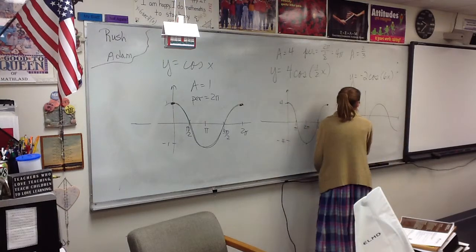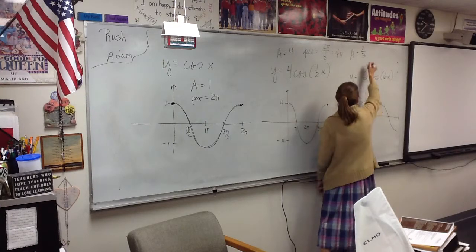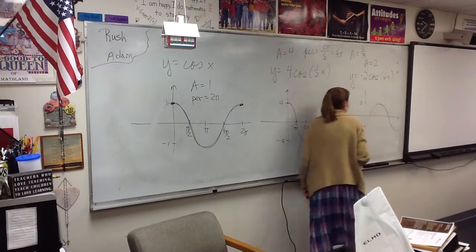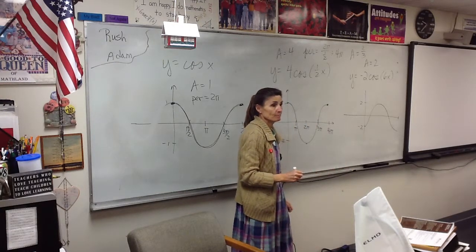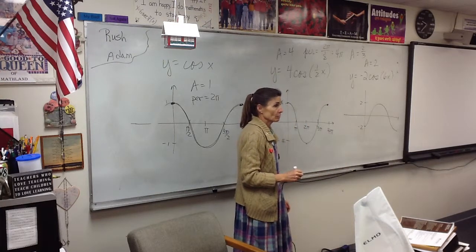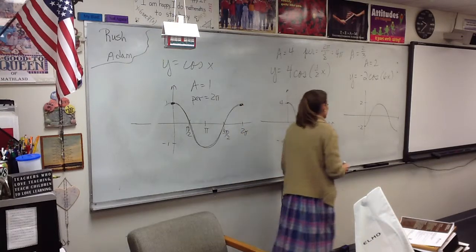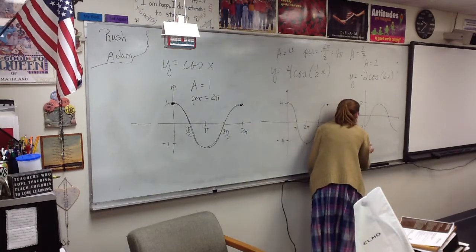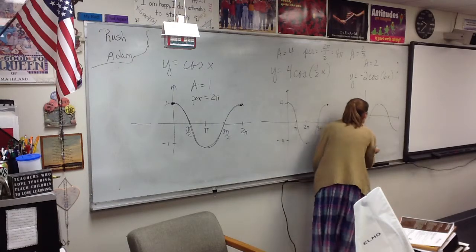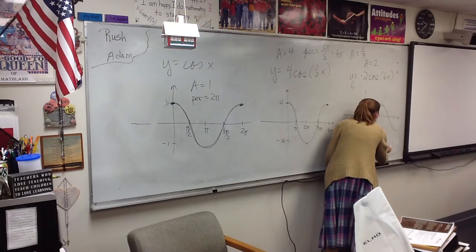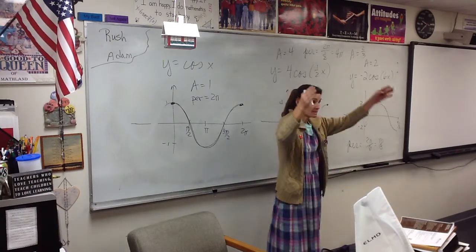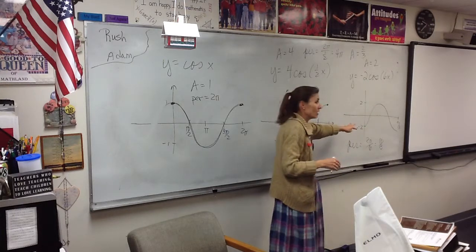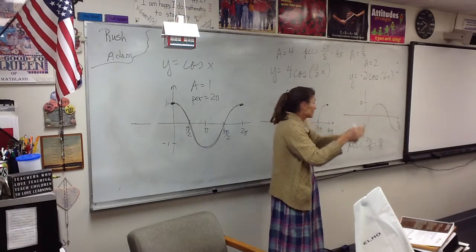What's the amplitude? 2. I wonder about my period this time. 1/3. The period is supposed to be 2 pi, but it's been divided by 6. So now my period is pi over 3. That means it's really been squished. You can't tell it on my graph, but it's really squished up.